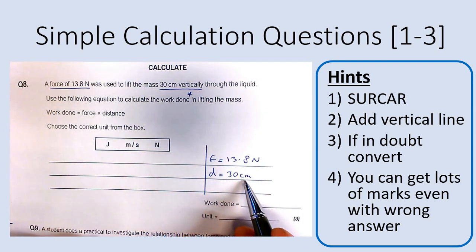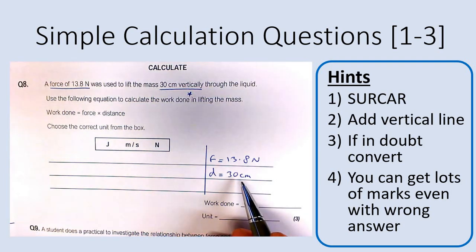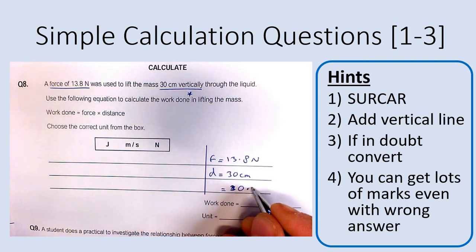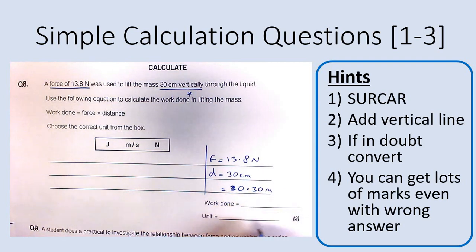Now, I don't often use centimetres in science, so I'm going to convert that straight away to metres, which is 0.30 metres. I might rewrite it right underneath. Even if I haven't looked at how many marks this is worth, that has already gained me 1. So it's always worth converting whenever you do these calculations.